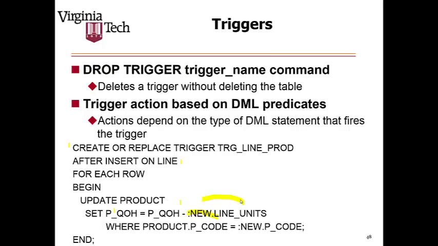That makes perfect sense, because if we sell a product, then we want to reduce the quantity on hand, and we could do that with a trigger on line, because a new row in line means that there is a sale.